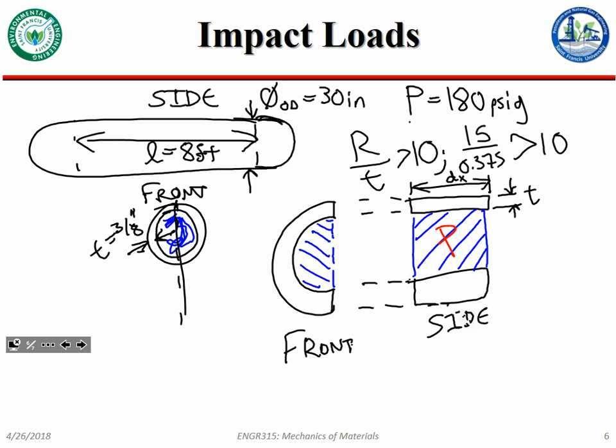So we know that hoop stress equals PR over T, so we can find that kind of stress right off the bat, and that'd be stress tangential to the circumference, right? Does that make sense? It's kind of like a circumferential stress.